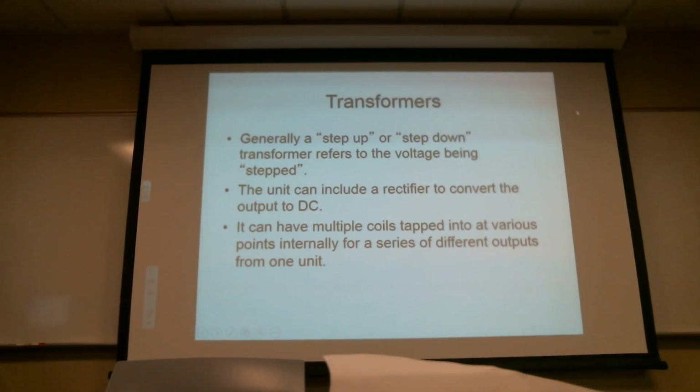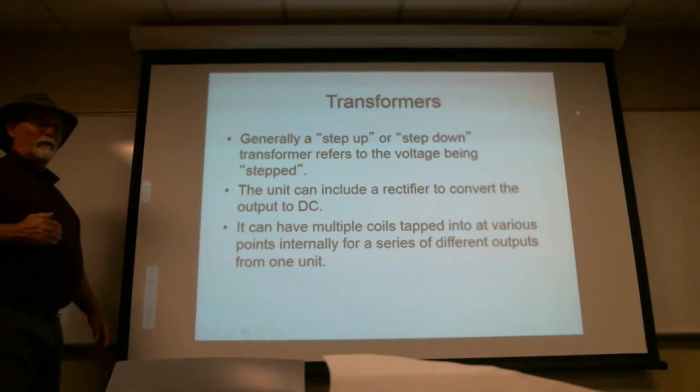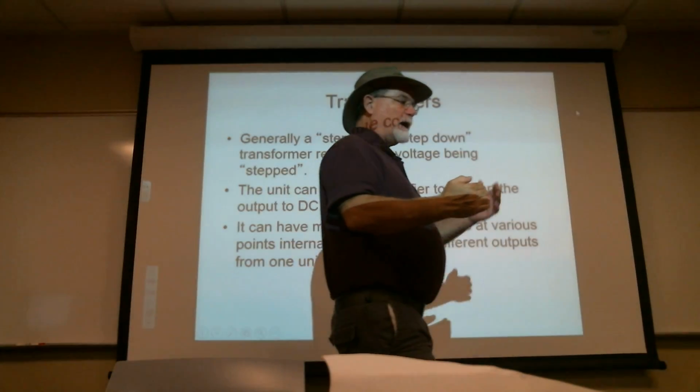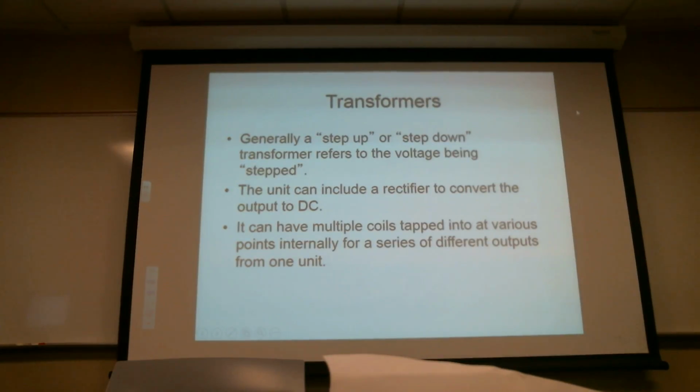Okay, so we often use the term step-up transformer or step-down transformer. What we're referring to is what happens to the voltage from the input to the output. So if I say it's a step-up transformer, I'm saying that the voltage comes in at one value and comes out of the secondary at a higher value. So primary is always the input, secondary is the output.